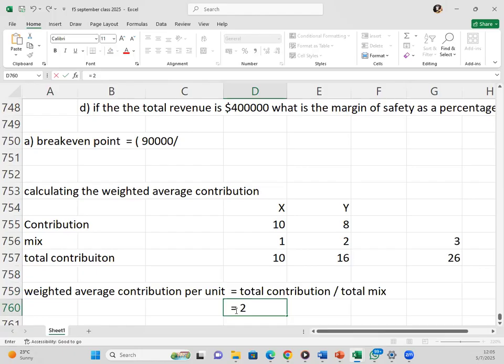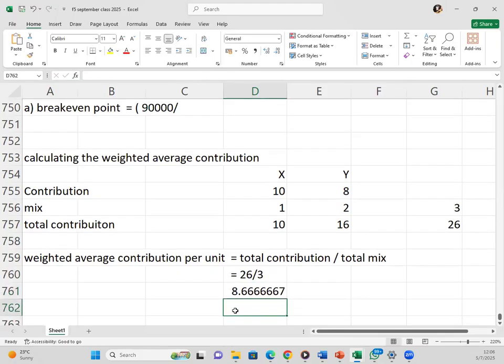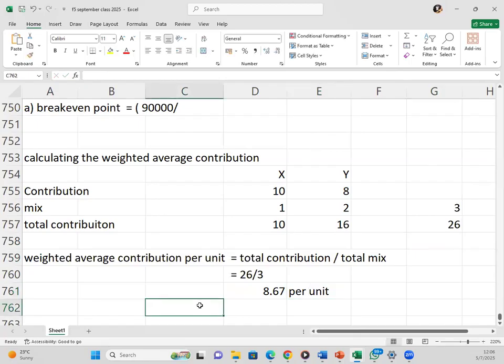So the total contribution is 26. Total mix is 3. So we can then say our average contribution per unit is $8.67 per unit. That's our weighted average contribution.